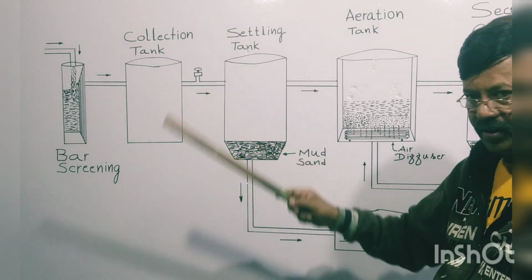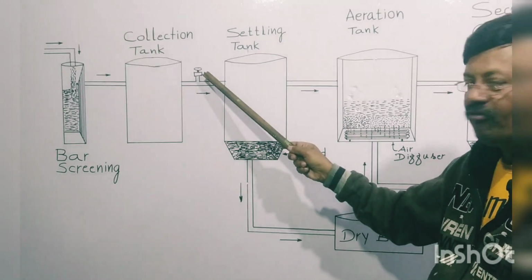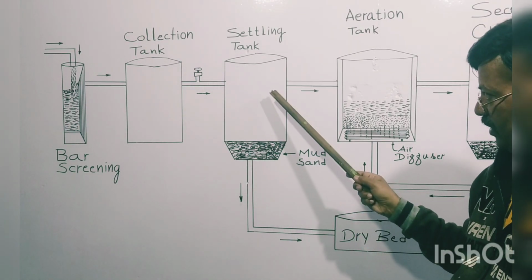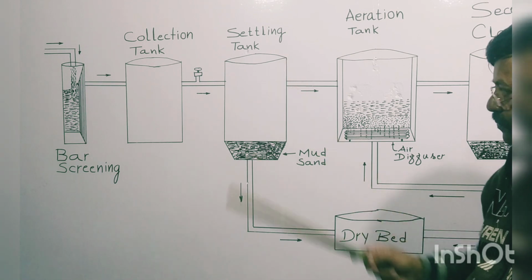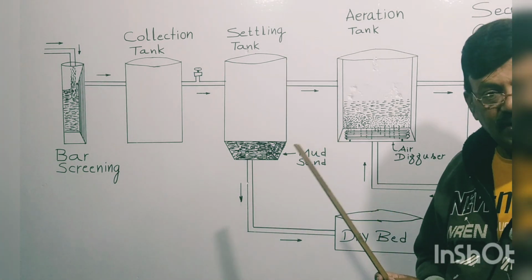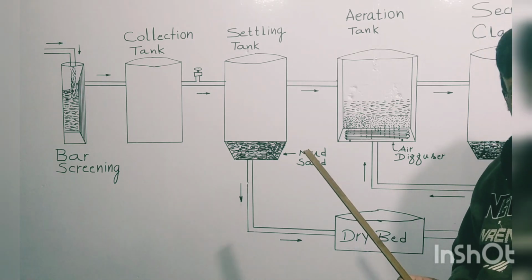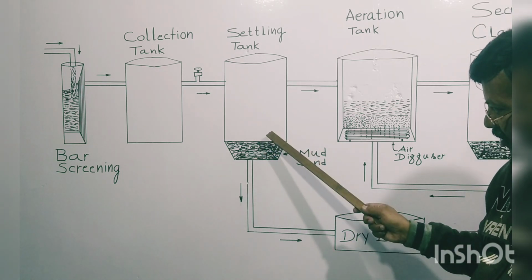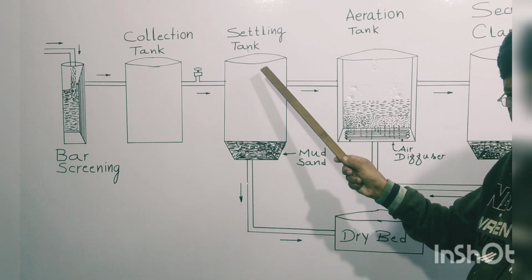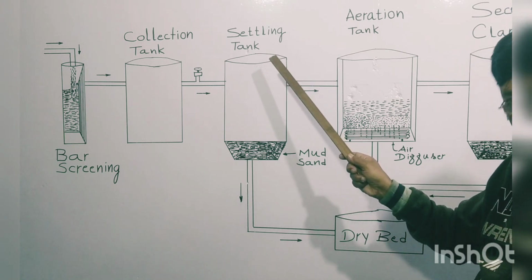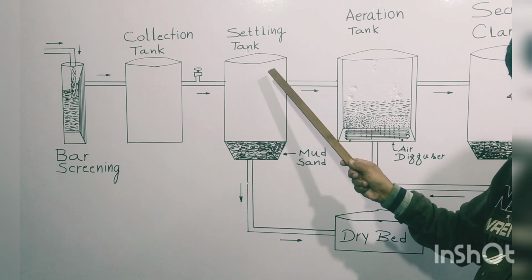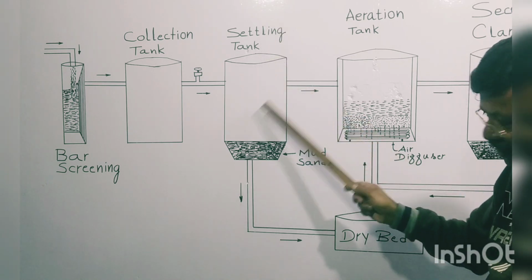From the collection tank, with the help of a valve, a desired amount of raw sewage is passed to the settling tank. In the settling tank, what happens? Contaminants such as oils, grease, detergents will float to the top of the tank, and with the help of oil skimmers, these contaminants will be separated in the settling tank itself.